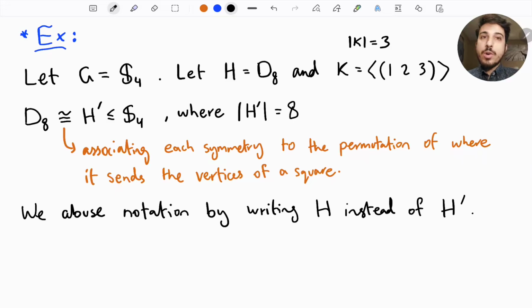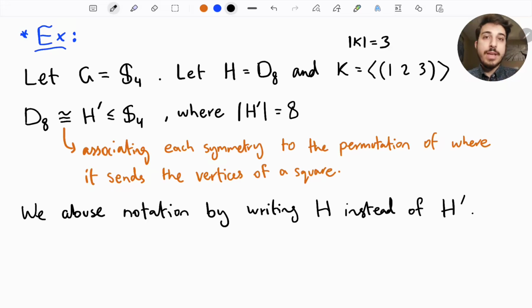Now, we know that technically H cannot be a subgroup of G because H has symmetries while G has permutations. So it is not a subset of G. However, H is isomorphic to H prime, which is in fact a subgroup of S4. What is this isomorphism given by?